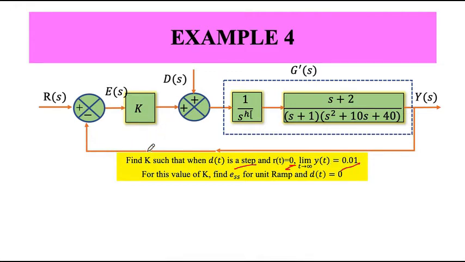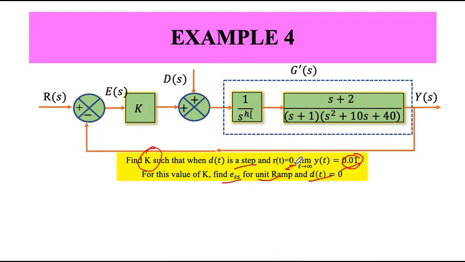So I want to find the gain k such that when there is no reference and the disturbance is step, y(t) should go to 0.01. Now after this, for this value of k, find the steady state error for unit ramp and d(t) equal to 0, right?